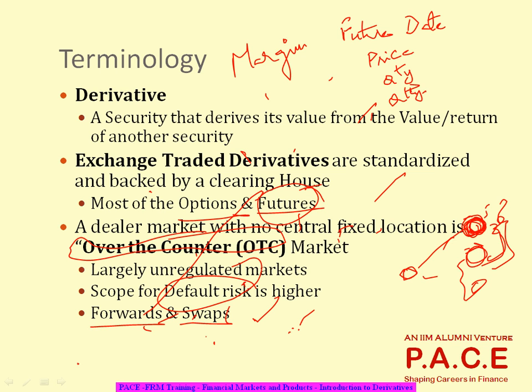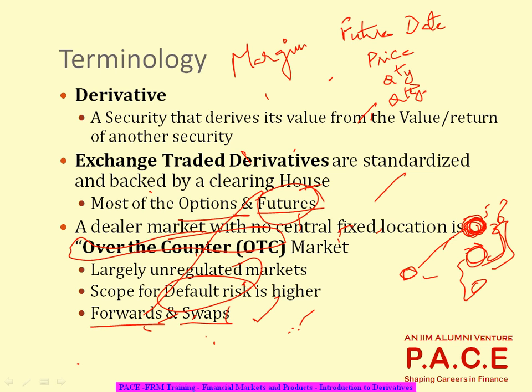So probably 50% of the options are traded on the exchange, and another 50% of them are traded over the counter. The most general kind of options are traded only on the exchanges, but the most specific ones, typically called exotic options, that world of exotic options is typically traded over the counter.